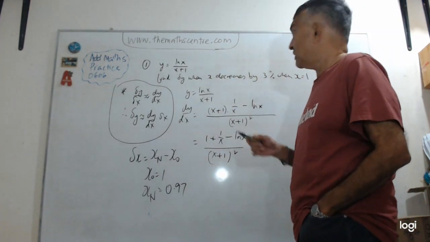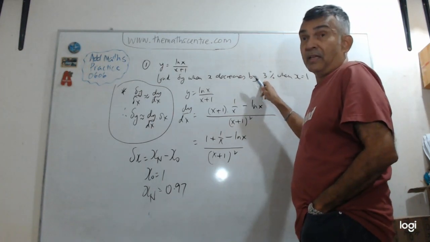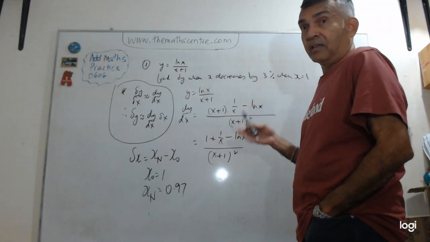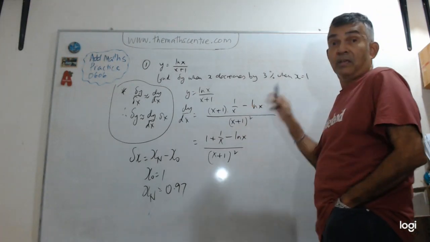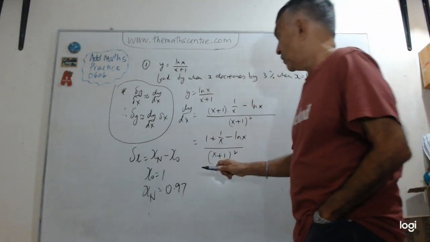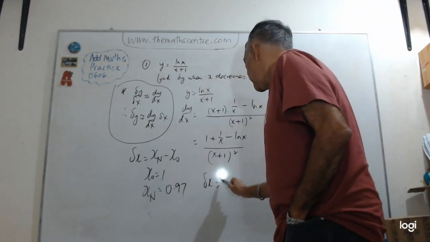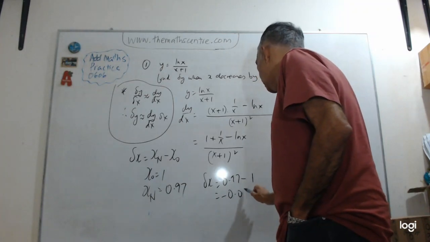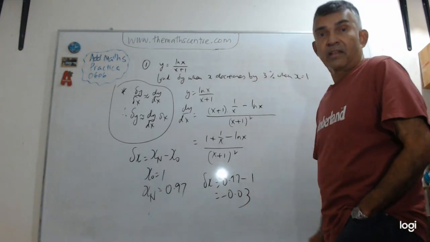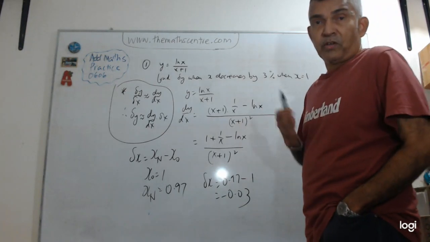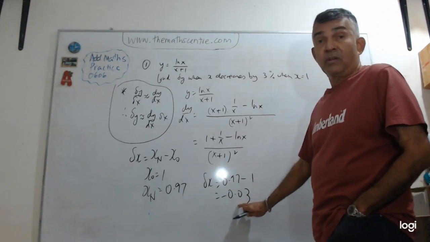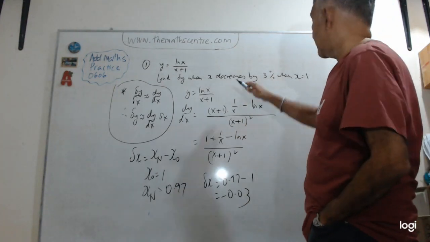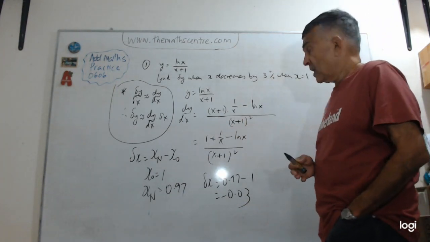If you didn't catch it, it decreases by 3%, which means the new value of x must be 97% of the old. So 97% of 1 is 0.97. So your delta x will be 0.97 minus 1, which is negative 0.03. All good? If you're very sharp in mathematics, you could have written this down by just looking at this 3% decrease and starting with 1. Never mind.